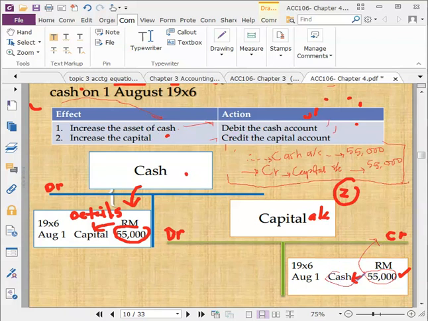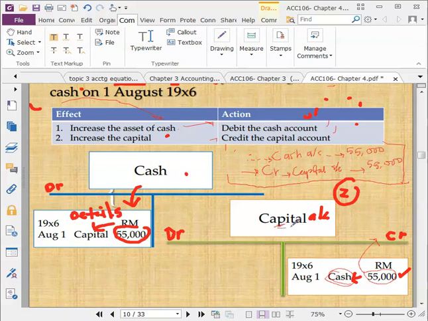So what is the detail here? The detail is cash. Please make sure that the detail is not the same as the title of the T account.